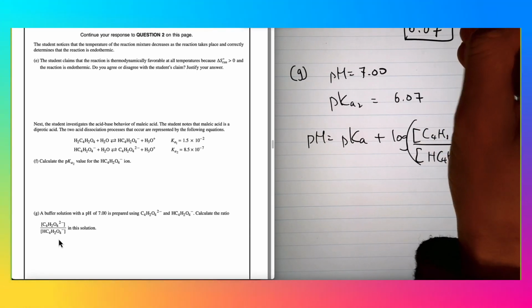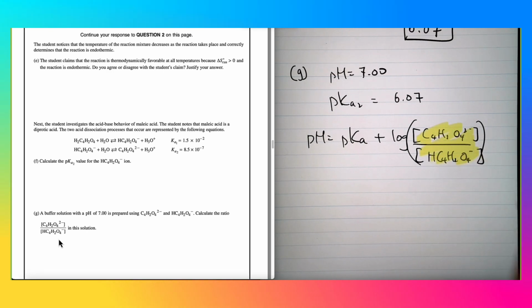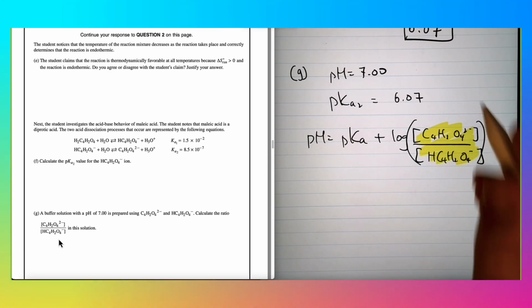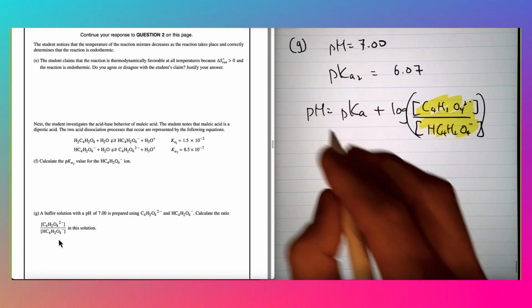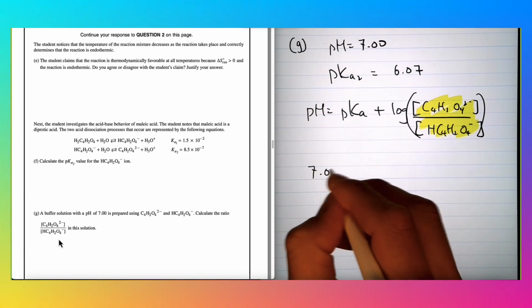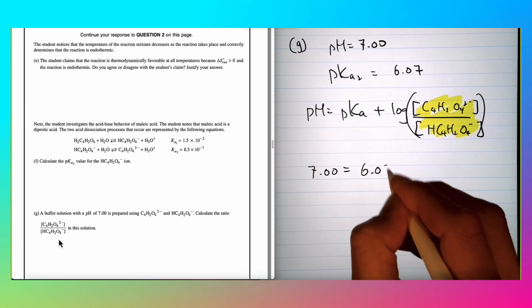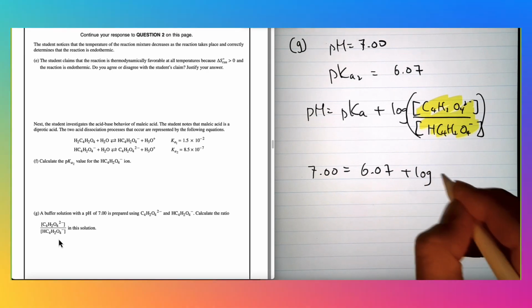Alright, so we need to find the highlighted region. This is more of a math question. I'm going to plug in 7.0 for pH and 6.07 for pKa, and then we get log of all this.